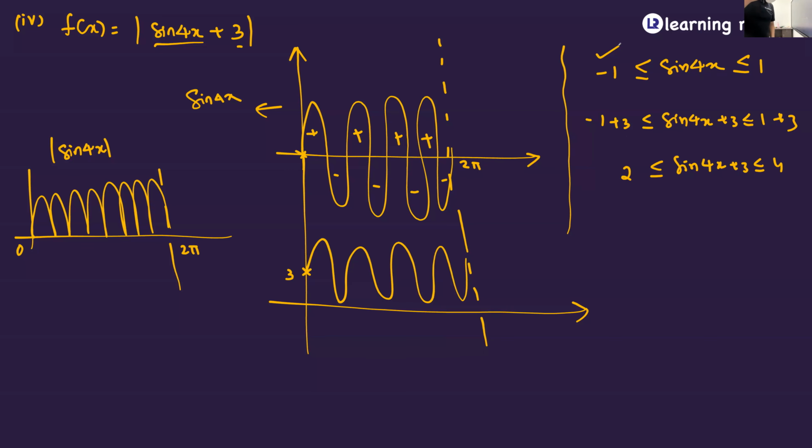Those who are online are able to understand? Yes, sir. So you can write like this in your exam. So is there any other problem of this sort involving trigonometry? No? Okay.